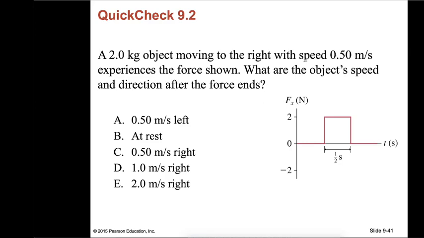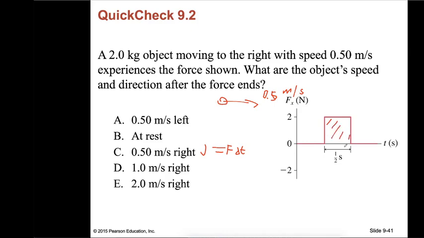Okay, so the initial speed of the ball is 0.5 meters per second. And then it undergoes some impulse. So first, can we calculate the impulse? Yes, J equals what? F times delta T, or the area under the curve.